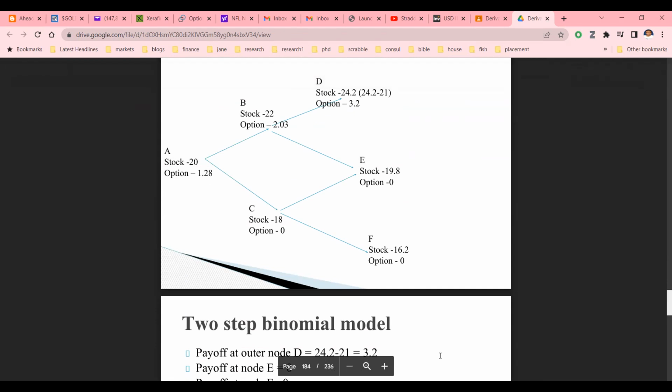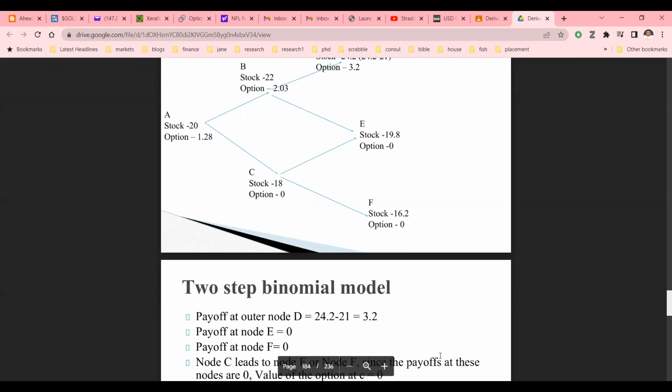The value of the option at point C, even though expiry date has not come, is still 0. Why is that? Technically, some value will be there, but in this case, it is 0. Why? Because C is calculated from E and F. And since E and F are 0, C is 0. If you put it in the formula, it will come 0. Is that clear, students?